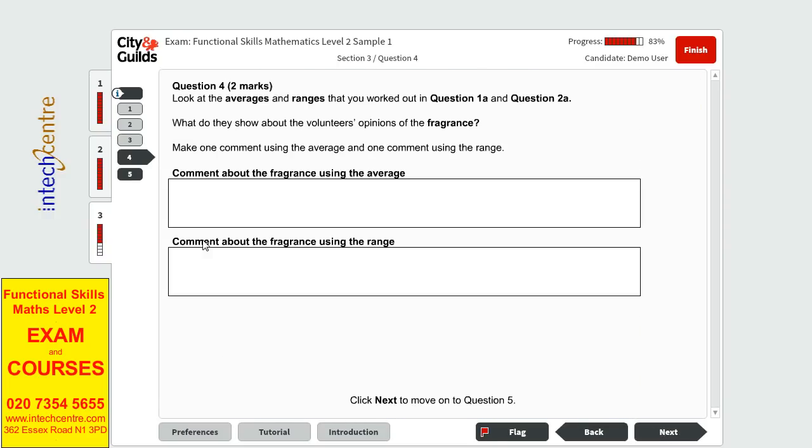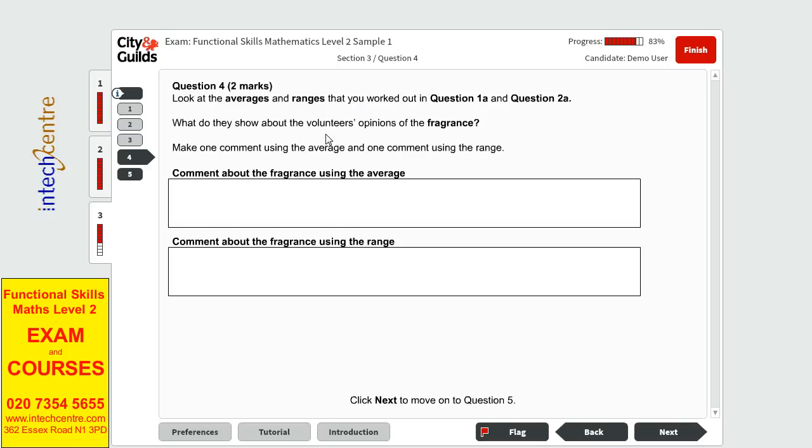Right, the next question is question 4. We have to look at the averages and ranges that we worked out in question 1A and 2A. What do they show about the volunteers' opinion of the fragrance? So we only have to look at the fragrance, and we have to make one comment using the average and one comment using the range.